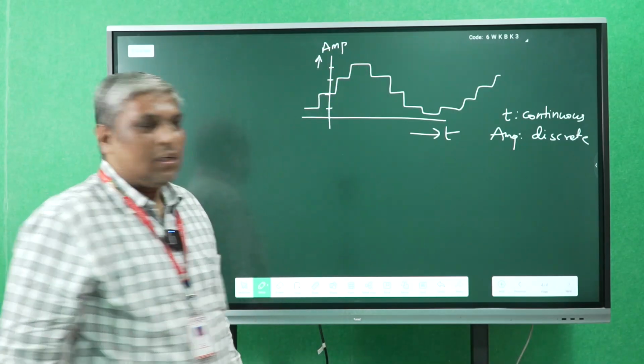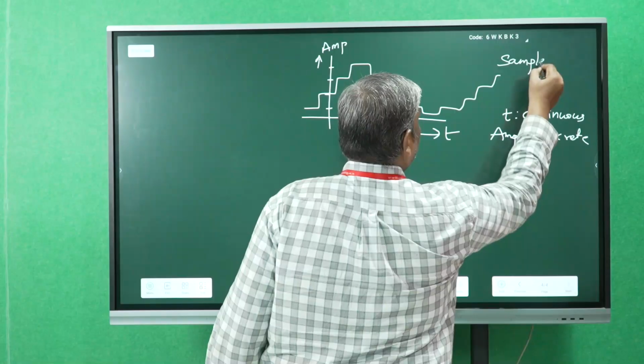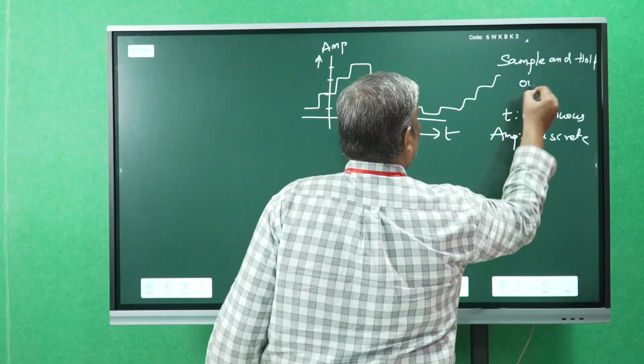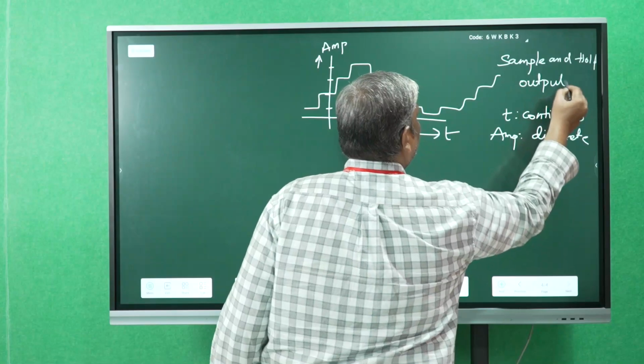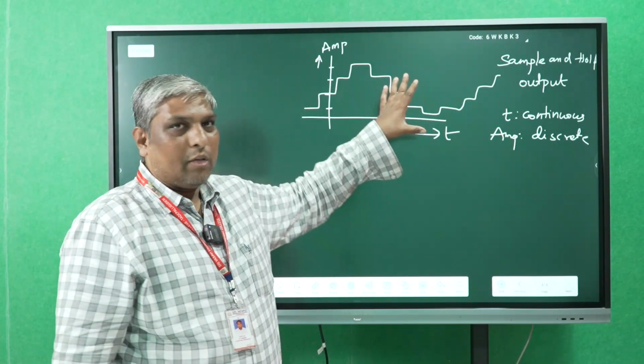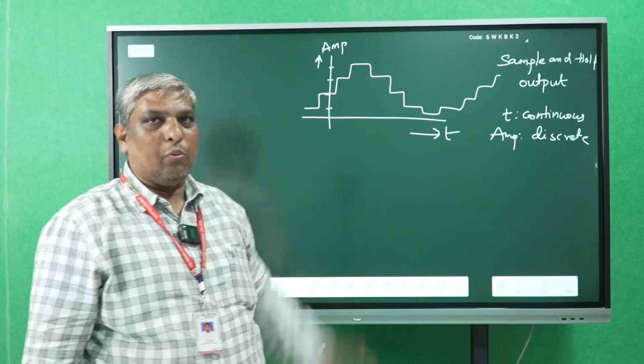This type of signal is basically called a sample and hold output, or the same signal is also called a quantized signal in a basic communication system.